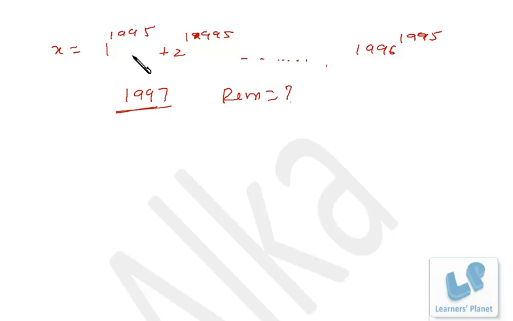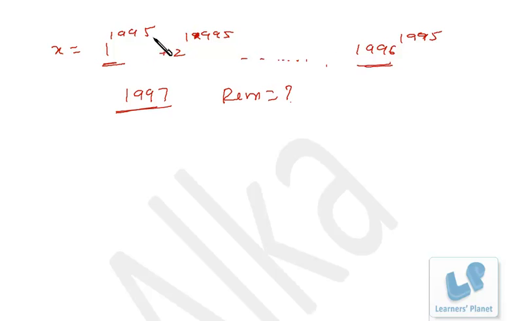As we have just discussed, a raised to n plus b raised to n will be divisible by a plus b if n is odd. Since there are 1996 terms, half of them make pairs. Now 1 raised to 1995 and 1996 raised to 1995, if we club both of them, the addition will be divisible by 1 plus 1996, because it is a raised to n plus b raised to n, where n is odd.